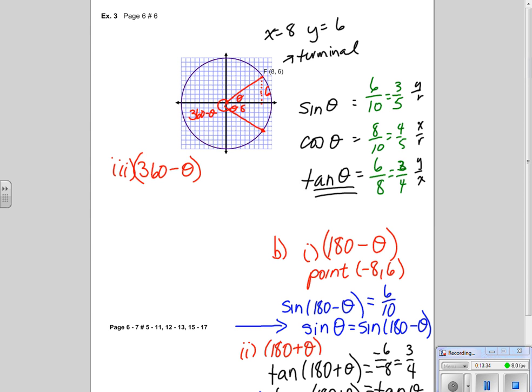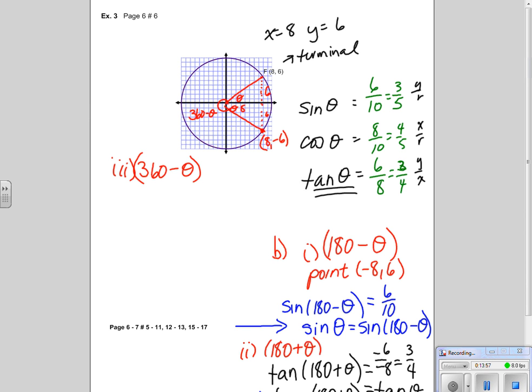What is that point? Well, that theta as well has an opposite side of length 6 and an adjacent side of 8, just like the one above it. And so this point would be 8 right, 6 down.